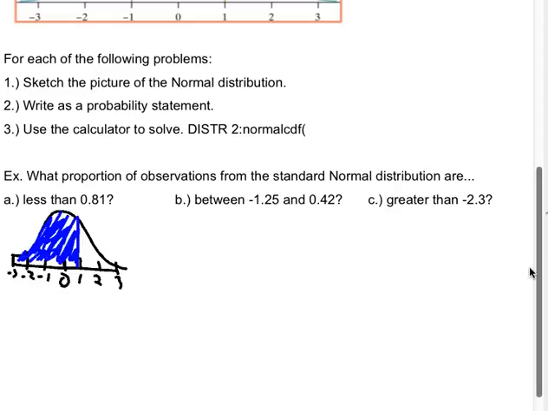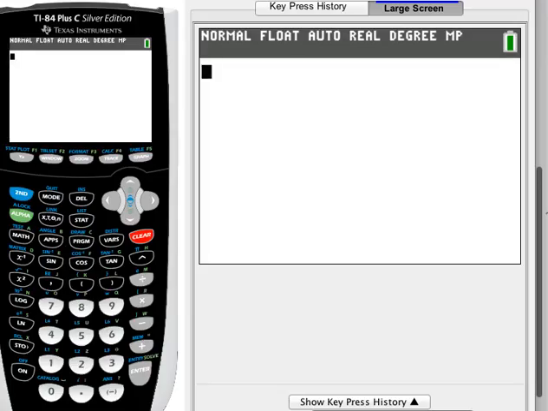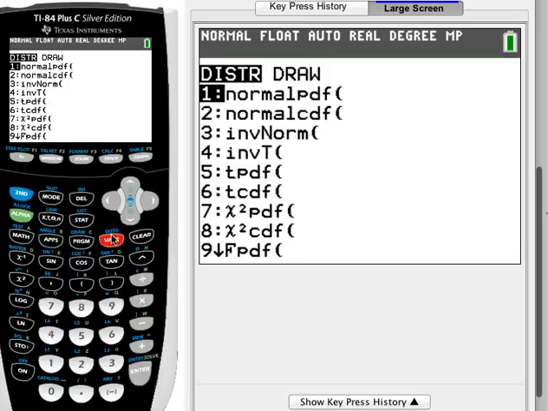Now, this is not a nice standard deviation mark, okay? It's 0.81. So we can't use the strategies that we just talked about. So here we need to go to the calculator, okay, to calculate these values. Now, I'm going to show you, it's a new area of the calculator. So let's go here. We're going to go into distribution. Okay, that's going to be another big one that we're going to be using throughout the year.